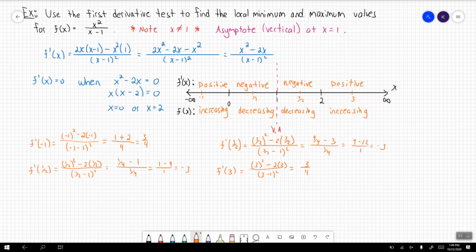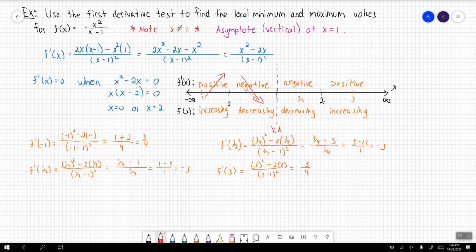Now, what does this mean for us? Well, the first derivative test says that anytime our function is increasing and then it switches to decreasing at a certain point, then we're going to have a local maximum. So what's happening is that my function is increasing and then it's going to be decreasing, which means we have some sort of maximum occurring.